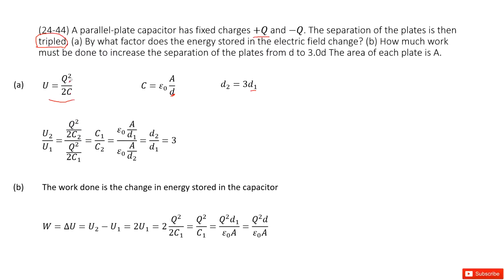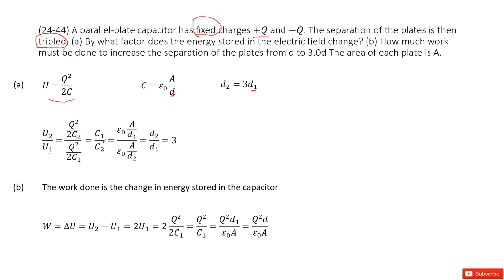You can see this Q is constant because it is a fixed charge. So Q is the same. For U2 there is a C, which we write as C2, and for U1 we write C1, right? Now this can be simplified as C1 over C2, since Q squared cancels.